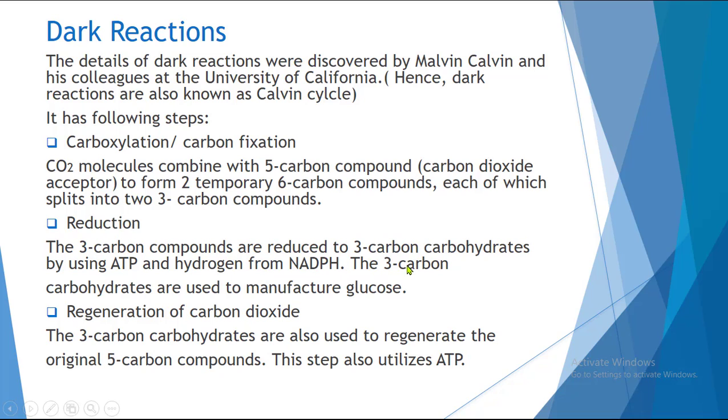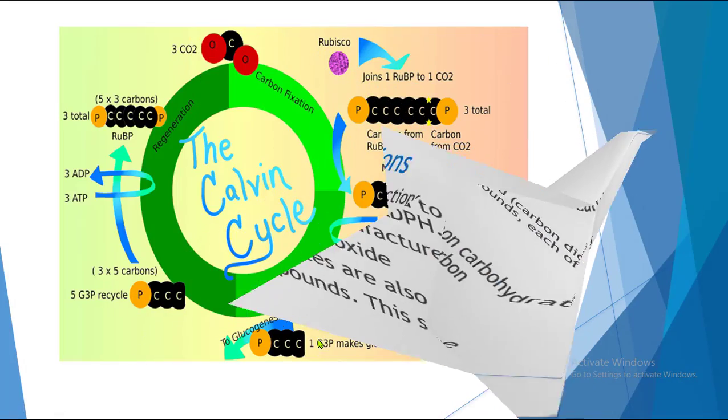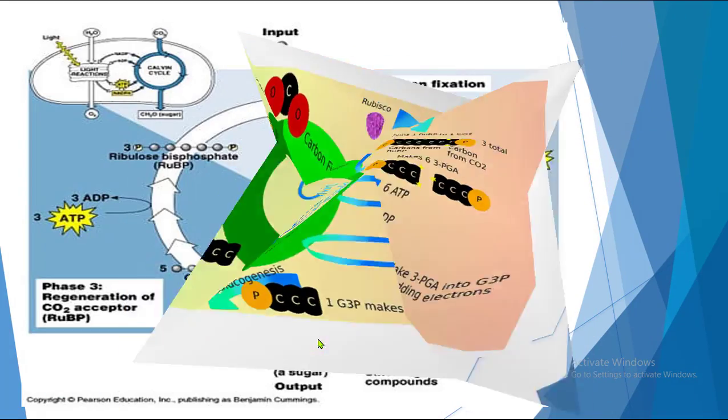Then the 3 carbon carbohydrates are used to manufacture glucose. Then in the regeneration, the 3 carbon carbohydrate, that is G3P, is used to regenerate the original 5 carbon compound, and this step also utilizes ATP, and the cycle repeats itself again and again in order to produce maximum glucose molecules.